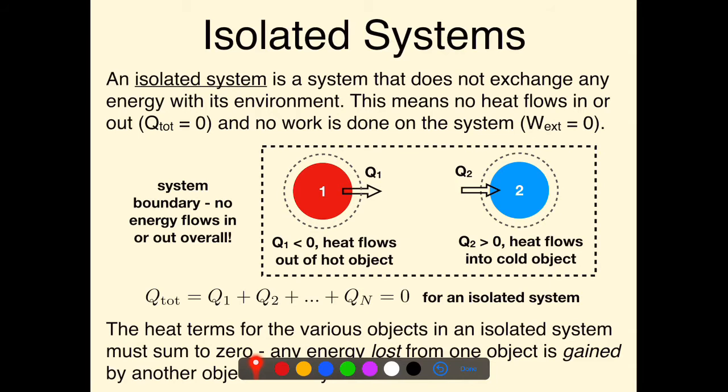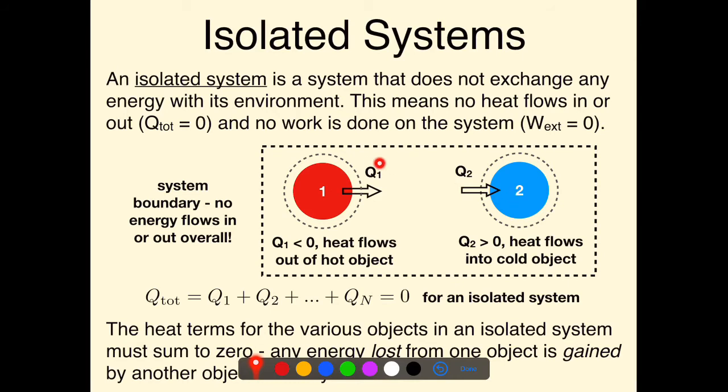So to give an example of this, let's consider the system shown in the diagram where we have two objects. Object number 1 is the hotter object, and object number 2 over here is the colder object. So if we draw a little boundary around object number 1 that's shown right here, okay, we know that heat is going to flow out of this boundary because if you put two objects, one of them hotter and one of them colder, we know that heat flows from the hot object to the cold object.